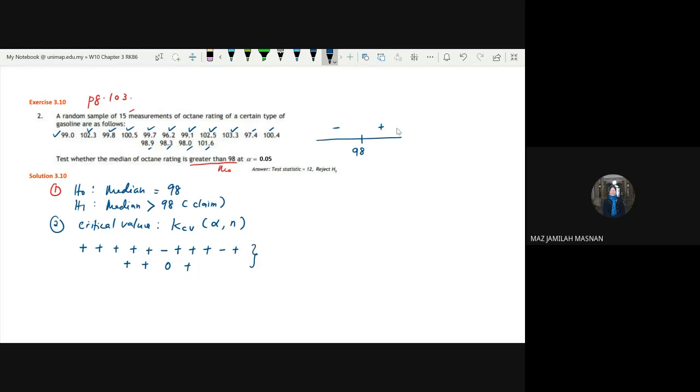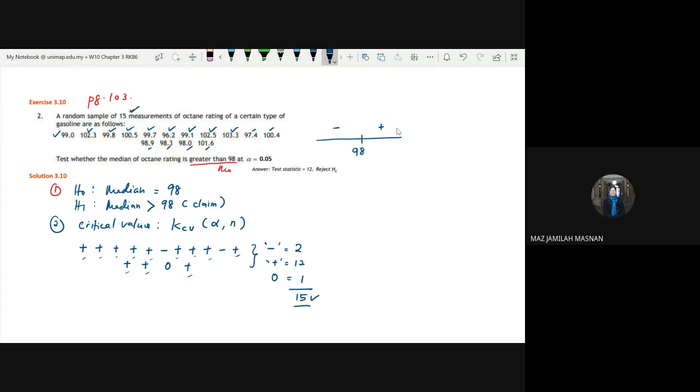So out of this, your negative sign, how many? 2. Your positive sign, how many? 1, 2, 3, 4, 5, 6, 7, 8, 9, 10, 11, 12. 12. 0, 1. Is it 15? Okay, 15. Everything checked.